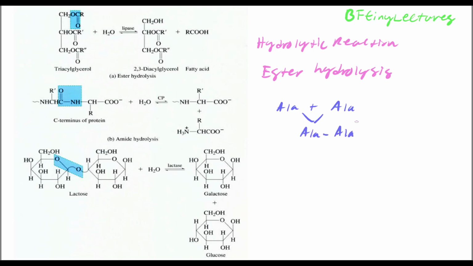And then they're going to shoot out water. But now, after like a cajillion lectures, that water is going to get its revenge, right? Because it's mad. So it's going to come back and say, nope, I'm going to cut you. And now you're just going to produce alanine and alanine, right?